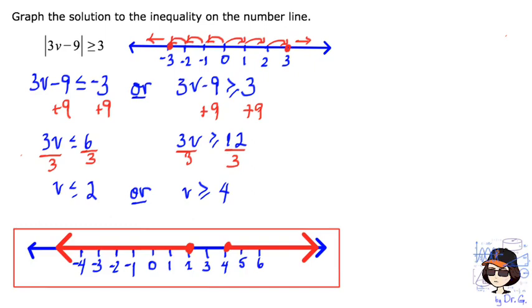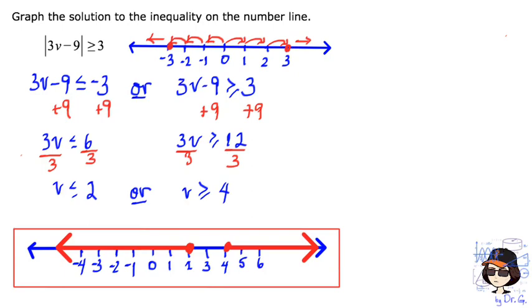So the key here was that when we isolate the absolute value, we have the absolute value of something is greater than or equal to a positive real number. That means that we're going to have to break it up into two inequalities. So we get a compound inequality. One saying that the thing inside the absolute value is less than or equal to the opposite of that positive real number, so in this case, less than or equal to negative 3.